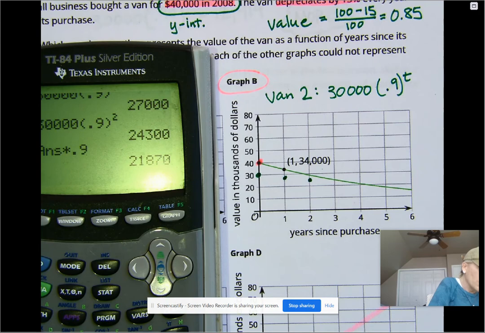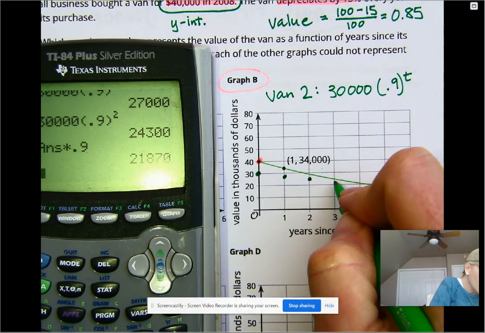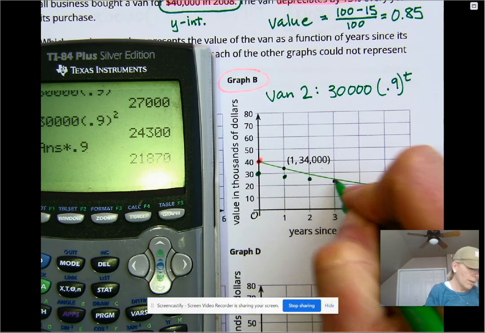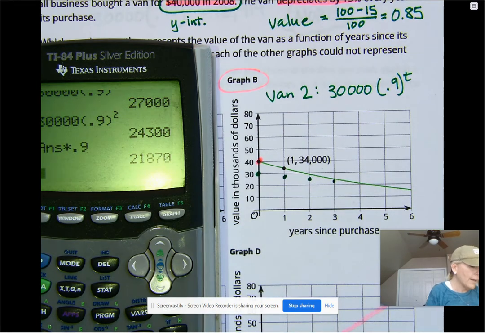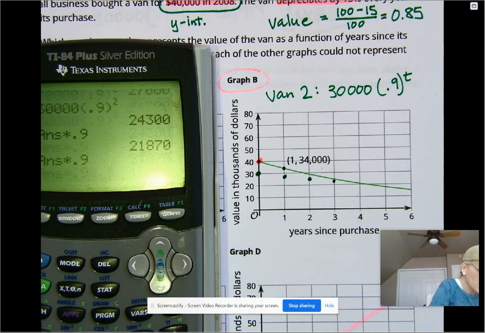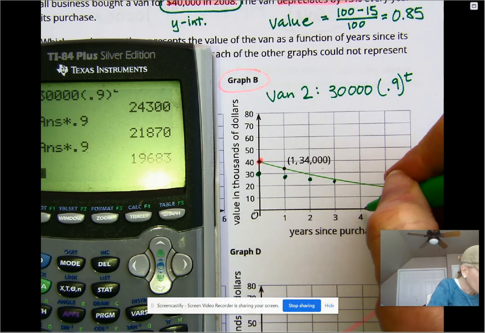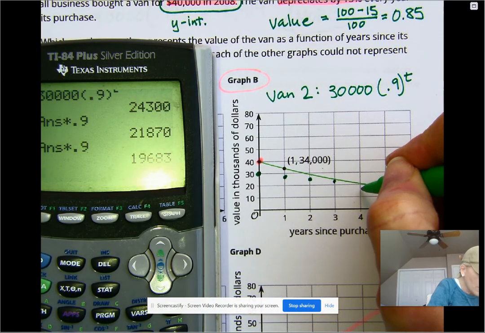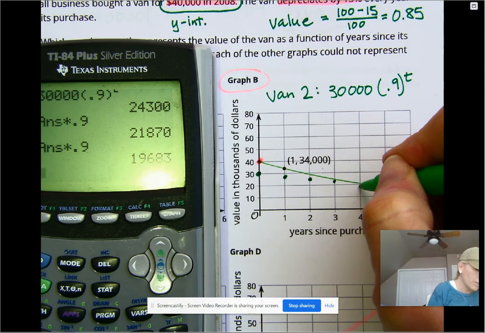So year 3, 21,870, about there. And then times 0.9 again, 19,683, so almost 20,000.